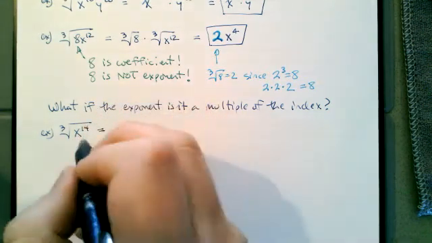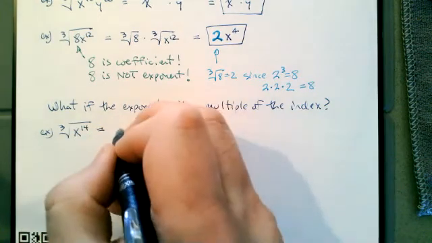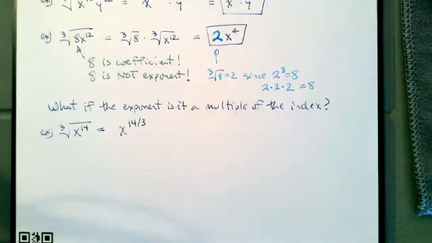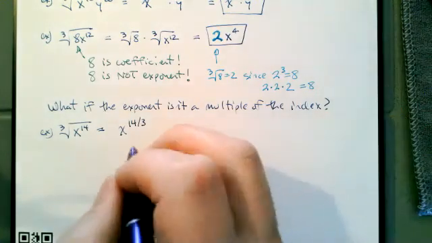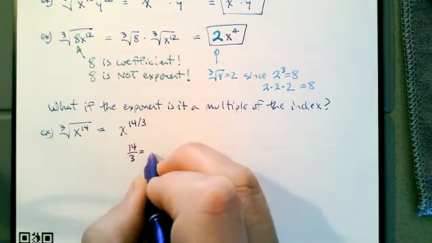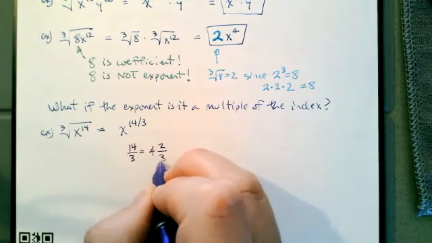Not for modern computers, but. So the cube root of x to the 14th, I can think of this as x to the 14 over 3, because the index of the radical is the denominator of the exponent. And we know that 14 over 3 is 12 over 3 plus 2 extra. 3 goes into 14 4 times with 2 left over.